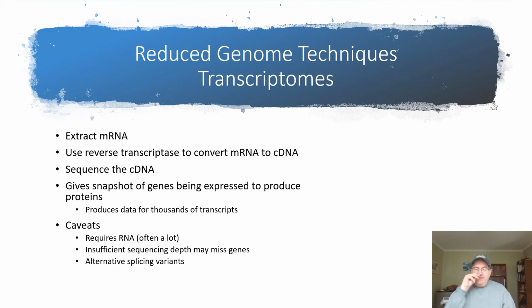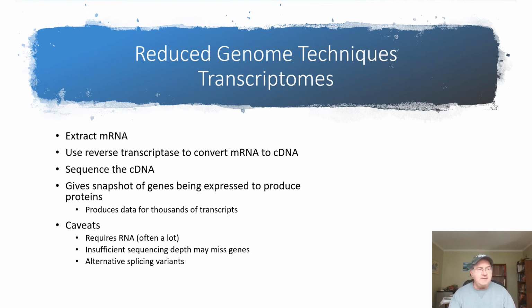And so this is a technique that is quite widely used. It's relatively straightforward. The difficulties with it are, first of all, that it requires you to extract the RNA. And in order to get enough, especially if you're doing a transcriptome from a small animal, you need lots of these animals.